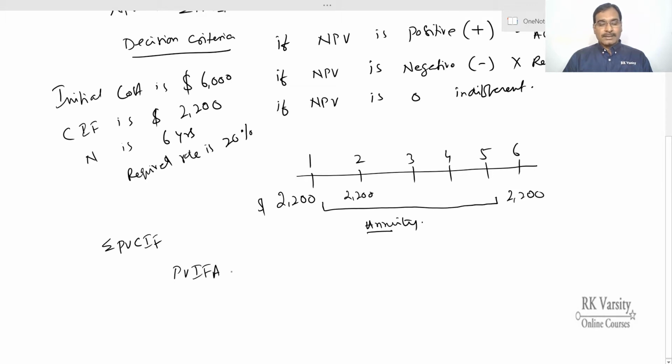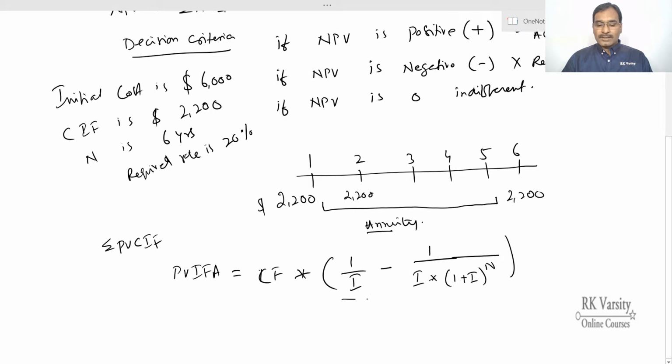So this equals your cash inflow times (1 upon I minus 1 upon I times (1 plus I) to the power of n). This equation is the present value annuity factor or present value interest factor annuity, and this is the cash flow.